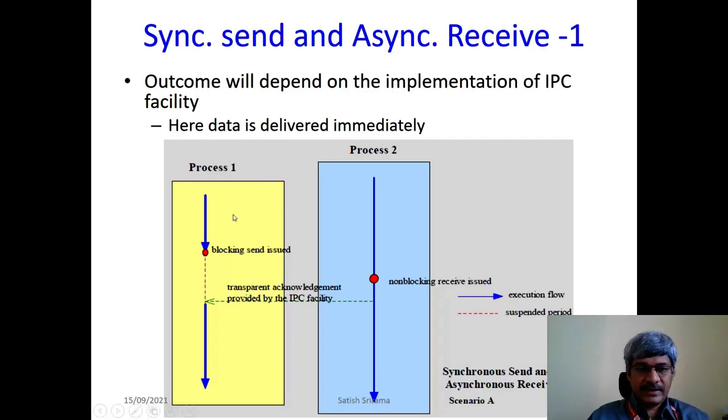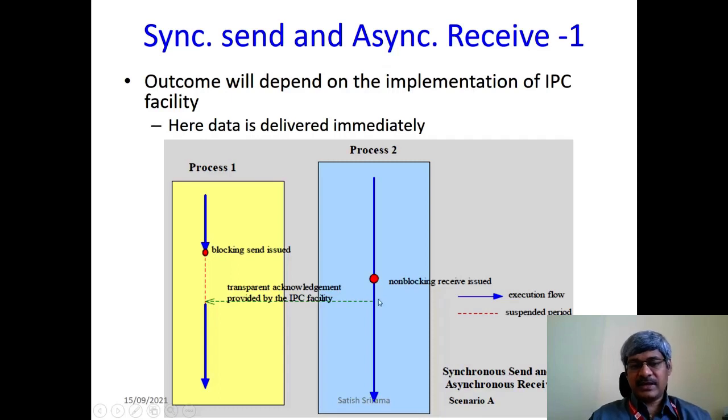Here, process 1 is issuing the blocking send operation, and process 2 has issued a non-blocking receive operation. The blocking send has been issued, so the data is sent, and immediately after the data is sent, the non-blocking receive has been issued, so the data is completely received by this process.